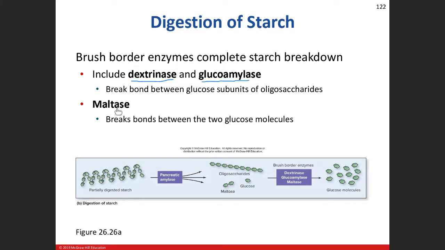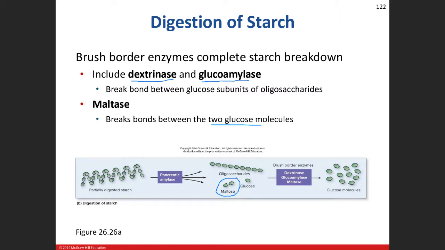It clips the bond in between, so we have an individual glucose and an individual galactose. Well, some of us as we get older don't have lactase, so we can't break down the lactose. Here, maltase tells you exactly it's going to break down the maltose disaccharide sugar into the two glucose molecules. Maltose is just two glucose molecules bonded to each other. That's not bad.